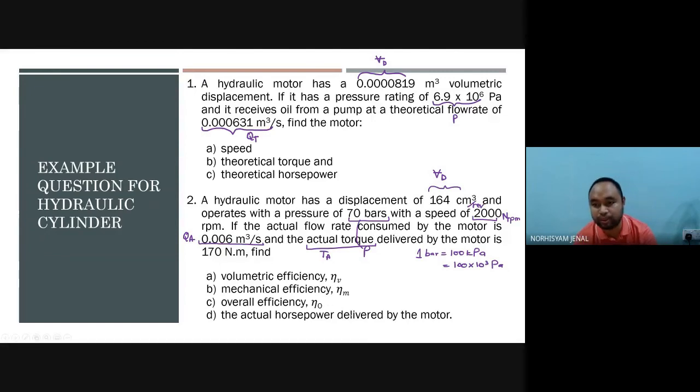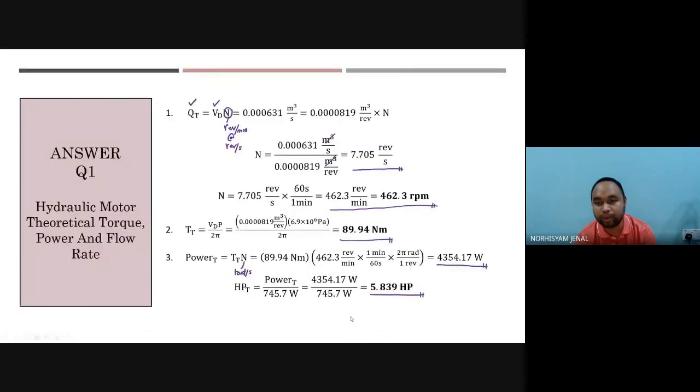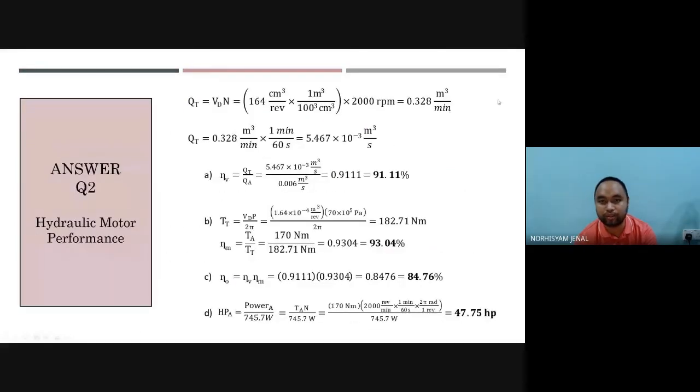This is the same as what we did before, but instead of pump, we are using motor. First, make sure you change from cm cube to meter cube. 1 meter cube is 100 cube centimeter cube, so this cancels out and you get the answer in meter cube per revolution.